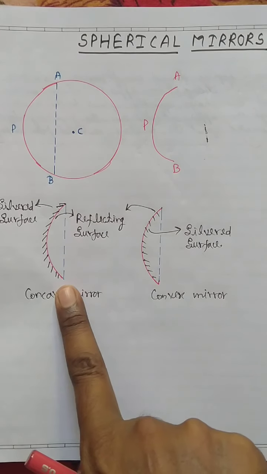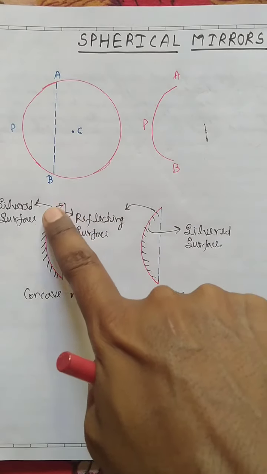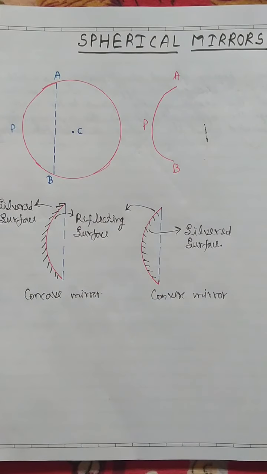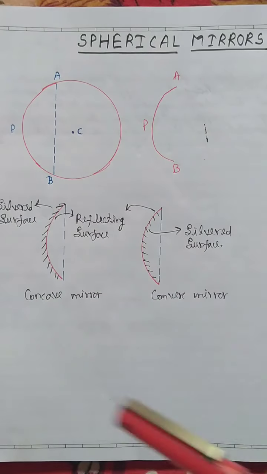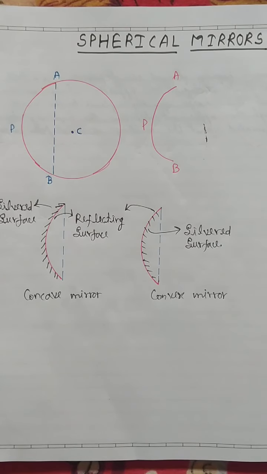First, the concave mirror. This is the concave mirror. A spherical mirror in which the outer bulged surface is silvered and polished, and the reflection of light takes place from the inner hollow surface.